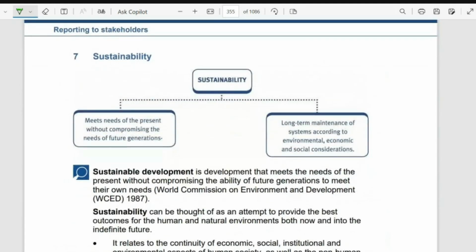Now, sustainability meets the needs of the present without compromising the needs of future generations. So long-term maintenance is also there.